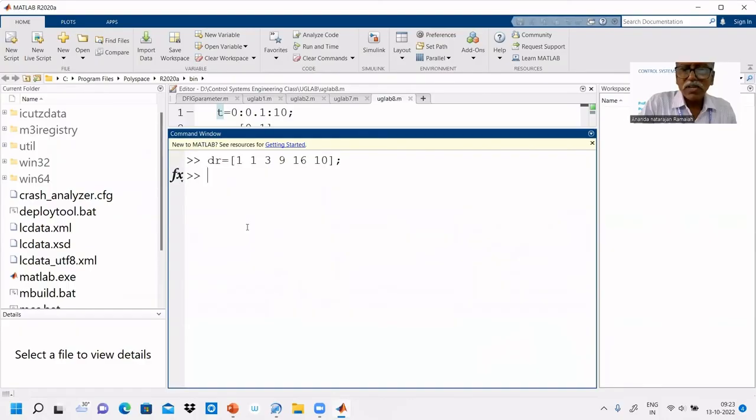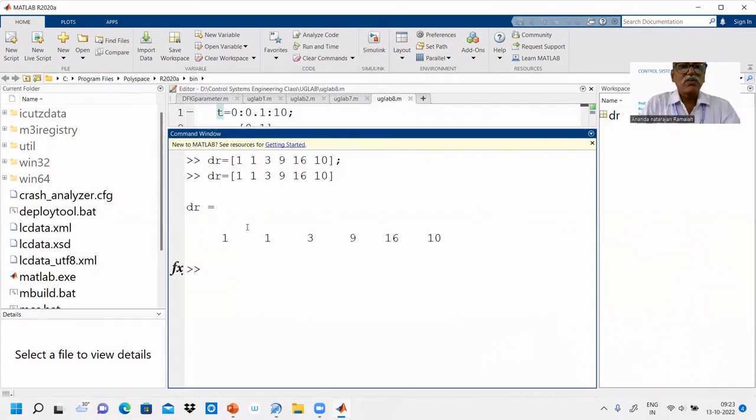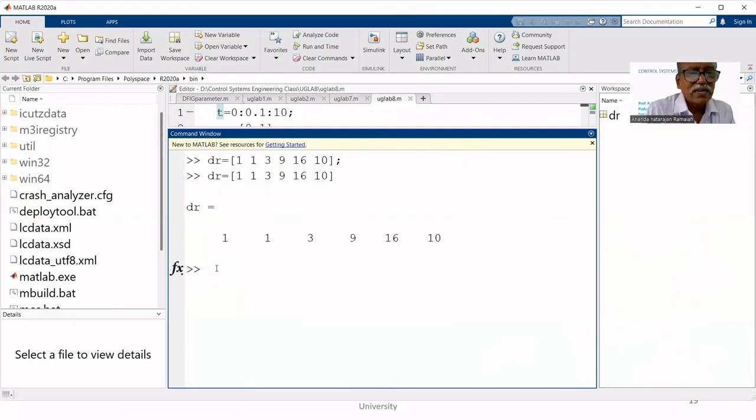If you put a semicolon, it won't echo. If you didn't put a semicolon, it will echo, it will type the same. So that is the difference. If you didn't put the semicolon, no problem. But in C, if you didn't put a semicolon, you will get a syntax error. Almost like C, but with some flexibility. So now we have to find the roots. For that, we have to pass the parameters.